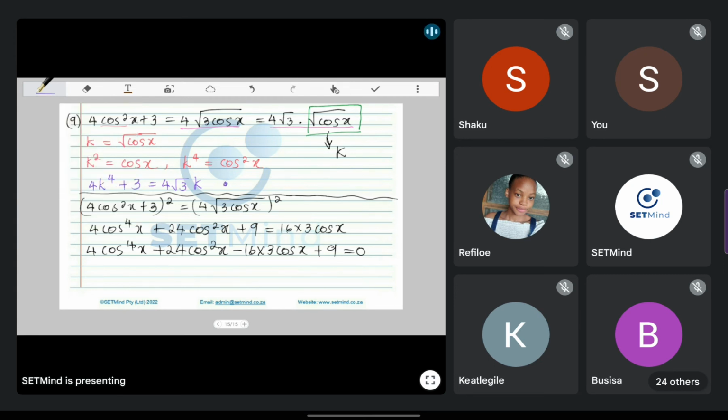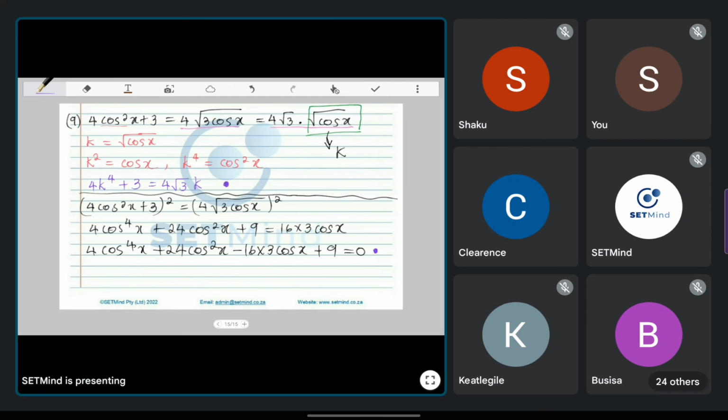If there's anyone who has a different approach, just shout, and let's see what we get. Anyone has a different approach, just make some noise and let's see how it turns out.